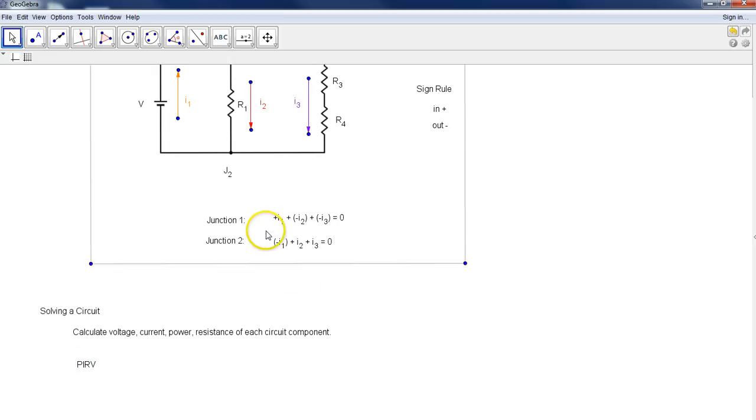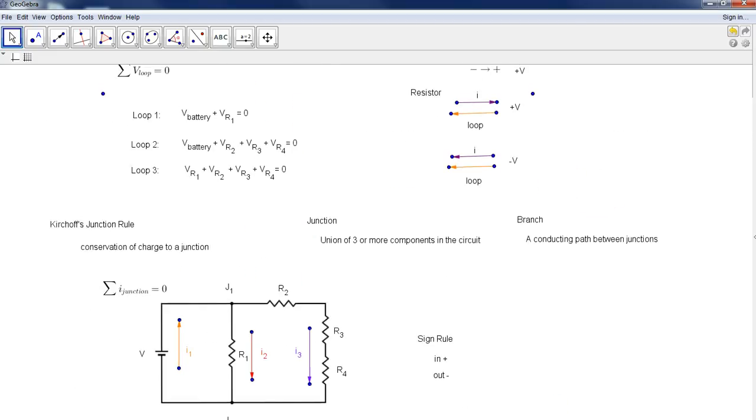What we get is an equation for junction 1, an equation for junction 2. If we scroll back up here, we have an equation for loop 1, an equation for loop 2, and an equation for loop 3. So this gives us 5 possible equations that we can write, meaning that we could have this circuit with at most 5 unknown variables, provided each of these equations is independent.